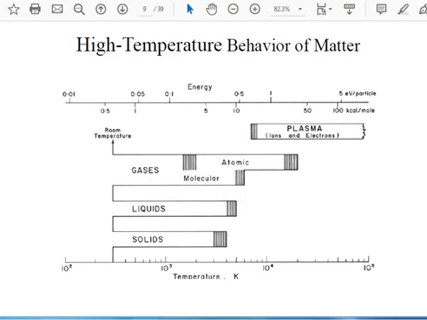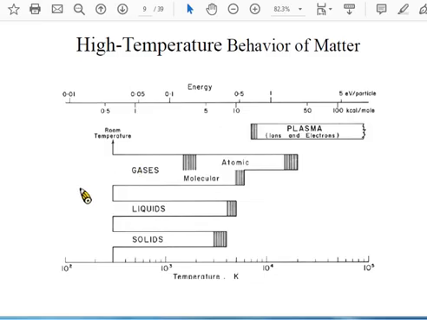When we were high school students, or just undergraduate students, we might know there are three states of matter, or three states of substance, namely solid state, liquid state, and gas state.